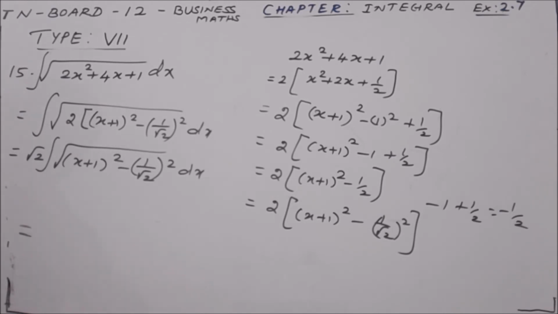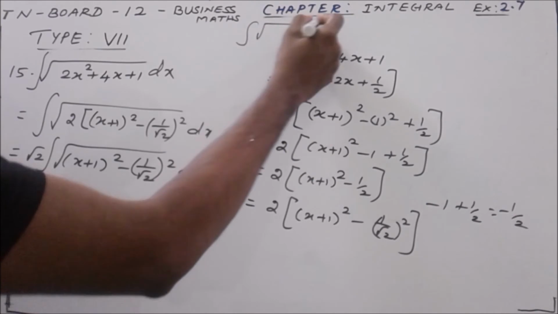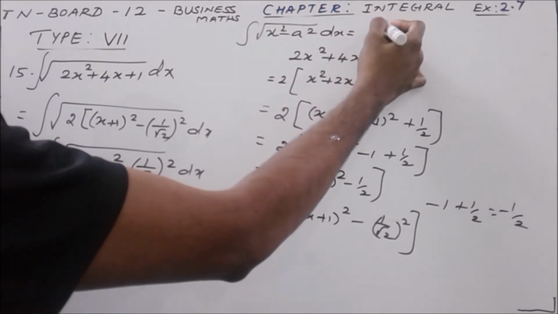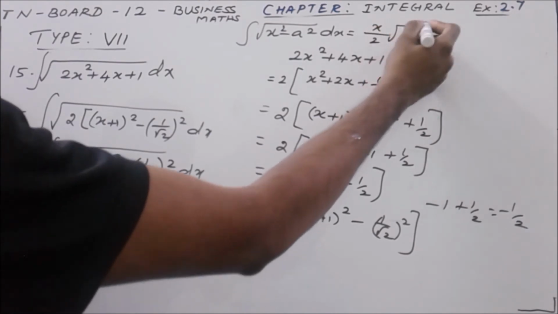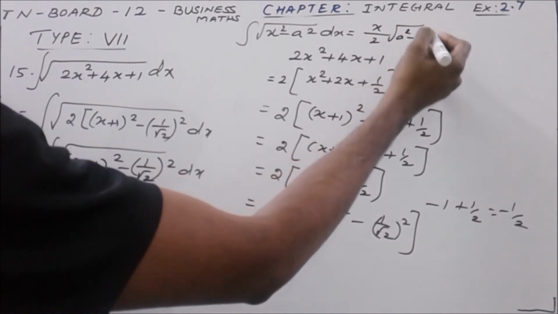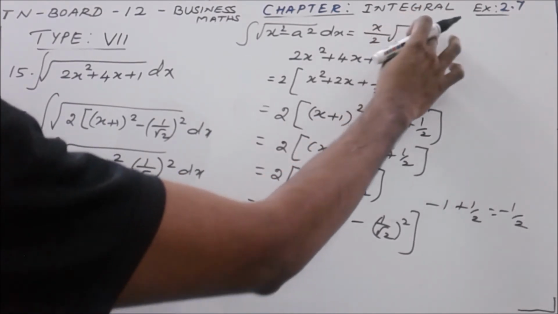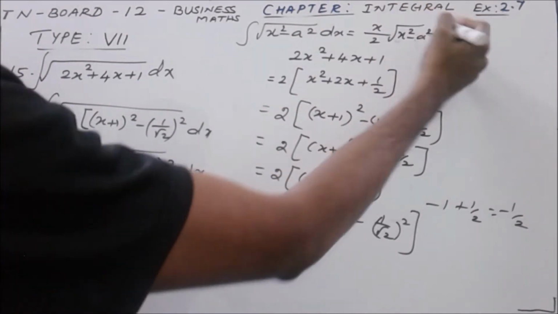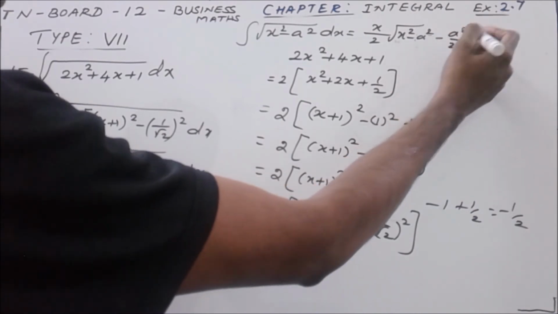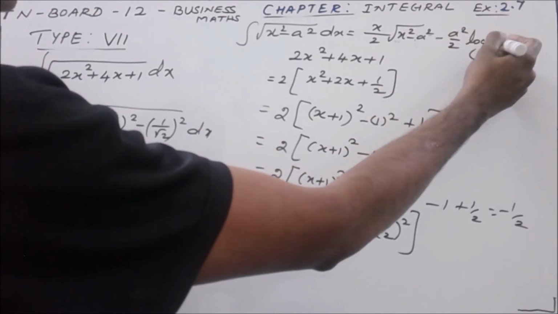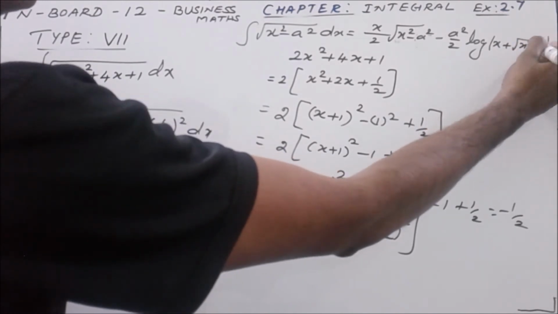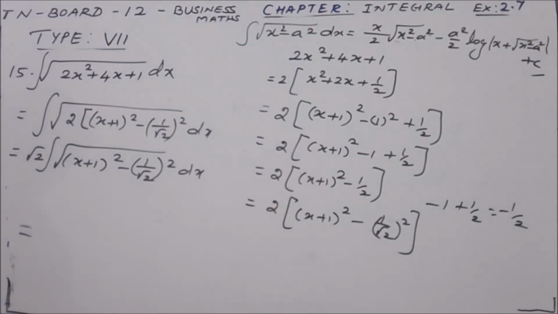We have the formula: integral root of x² minus a² dx is equal to x by 2 root of x² minus a². Here minus, we have minus a² by 2 log of modulus of x plus root of x² minus a², plus the constant of integration c.